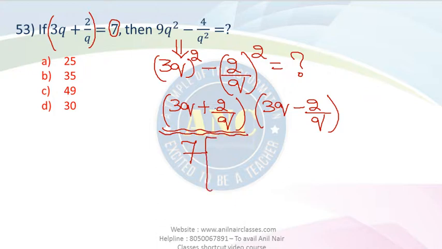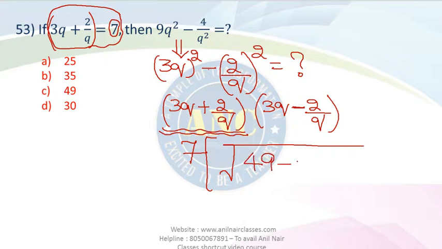And the second term, whenever I know the value of 3q plus 2 by q, x plus 1 by x value is known to me. I can easily find x minus 1 by x value. It is plus or minus square root of k square minus 4ab. K value is 7. 7 square minus 4 into a value is nothing but 3. 4 into 3 is 12.